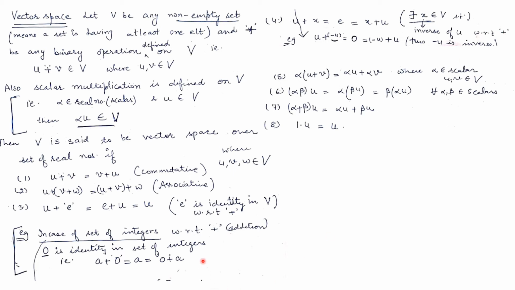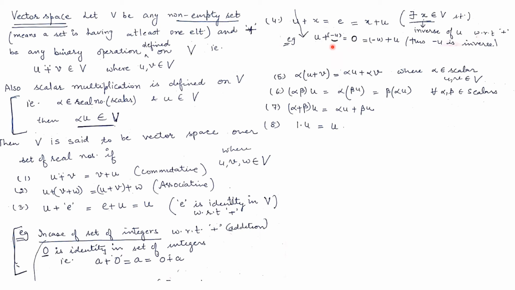Same example, set of integers में, A आपके पास कोई integer है, इस A में या U में मैं क्या ऐड करूं कि मेरे को आइडेंटिटी मिले 0, क्योंकि इस केस में मेरे पास आइडेंटिटी 0 आई थी विद रिस्पेक्ट टू एडिशन. तो मैं U में क्या ऐड करूं कि मुझे 0 मिले?